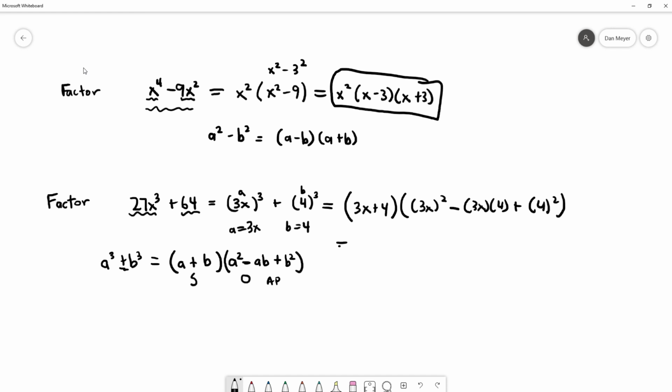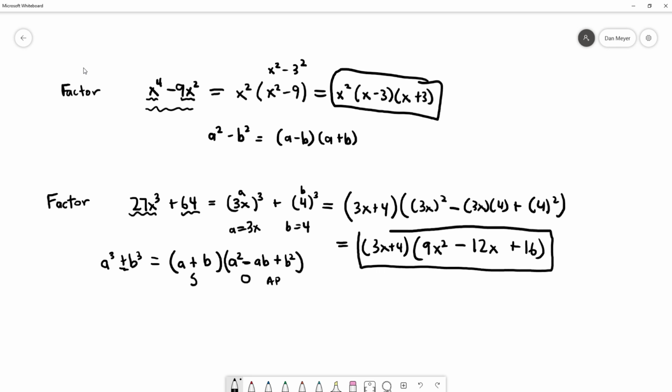And then simplify. 3x plus 4, at least in the second batch of parentheses, 3x squared is 9x squared, 3x times 4 is 12x, and 4 squared is 16. You gotta find your own pace and go at your own pace with these problems.